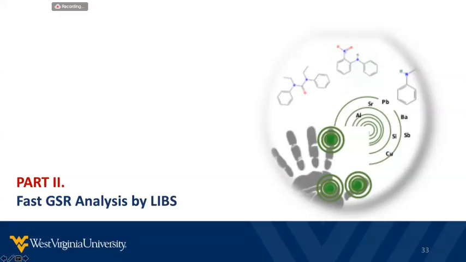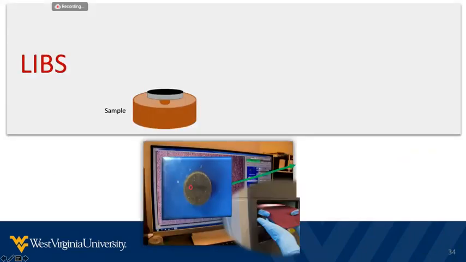So let's see how LIPS works. In a LIPS system, the sample doesn't require any sample preparation. So we can place the SEM stub directly, if we are collecting samples from hands or clothing, into the ablation chamber as is shown here in the picture below. Then a pulse laser beam of just a few microns in diameter is fired into the sample, and the interaction of the laser with the sample produces a temporal microplasma containing information from excited ions and atoms.